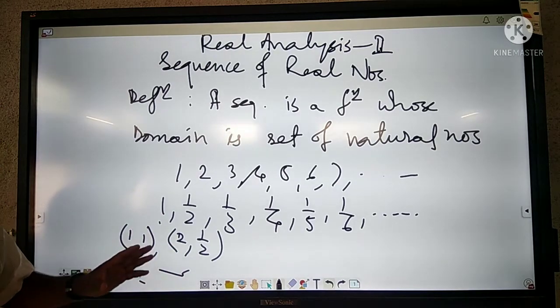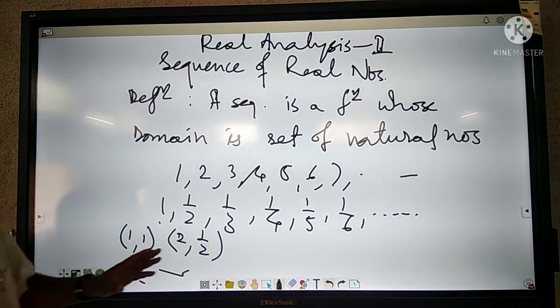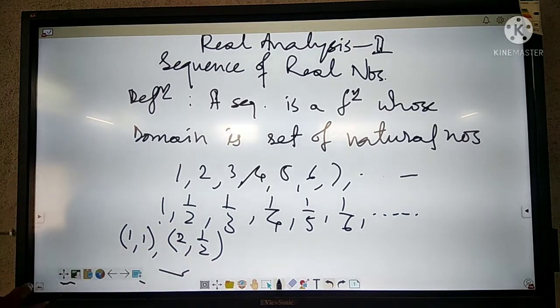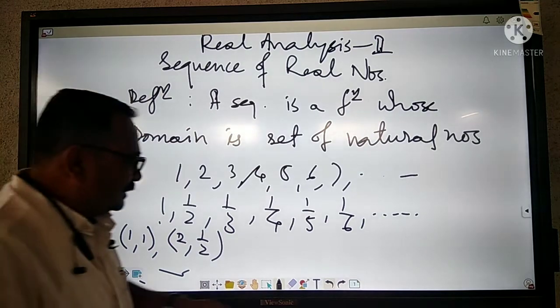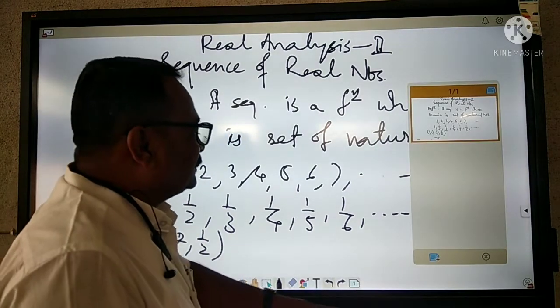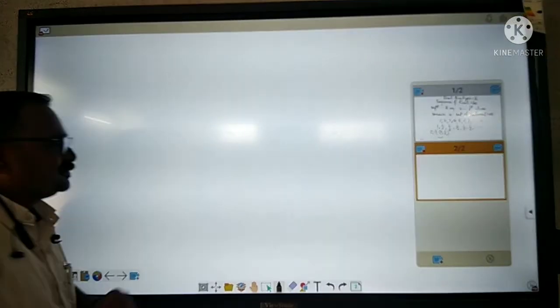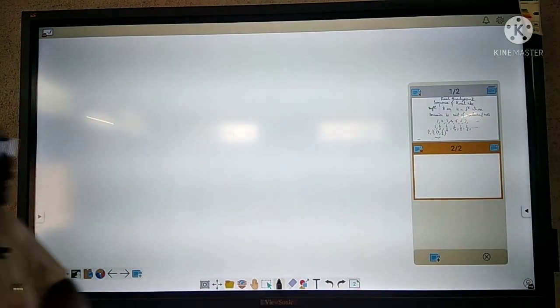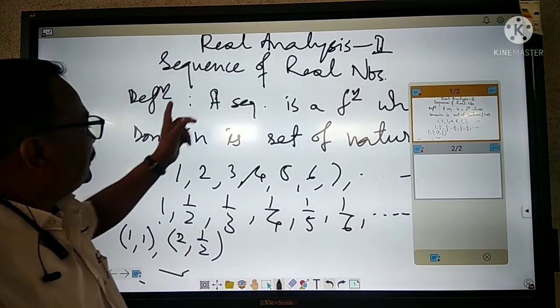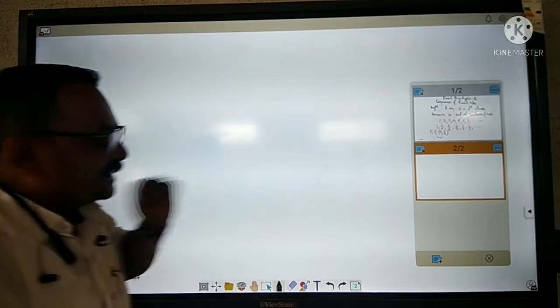Do you get it? I think it is clear. Because this is a digital board and this is a small one, every time we have to delete it, or we can make it here in this way. Okay, so this is the first one.